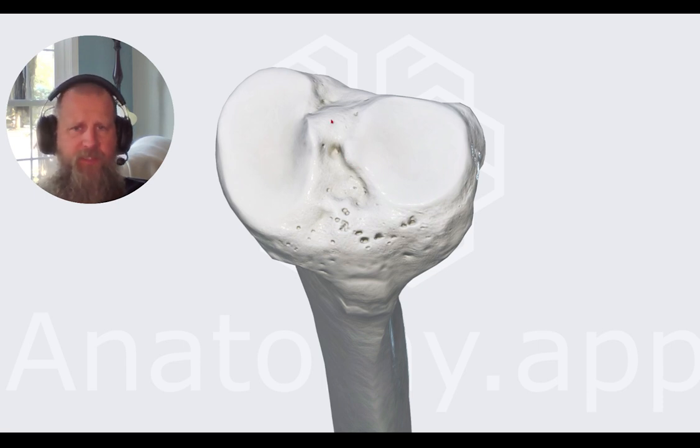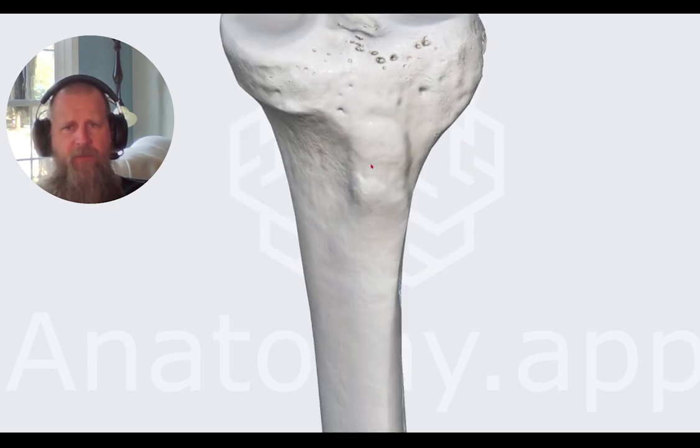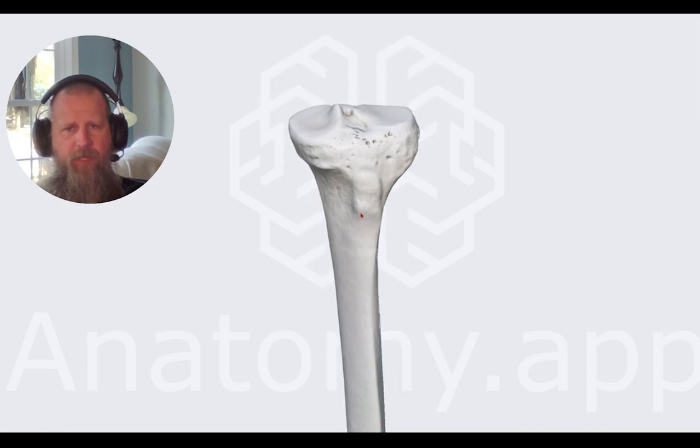Then this raised portion here is known as the intercondylar eminence. So the tibial plateau is this whole structure here, which includes the condylar surface and that intercondylar tubercle. Same thing over here. So this is the intercondylar eminence, and then again we have the tibial tuberosity.